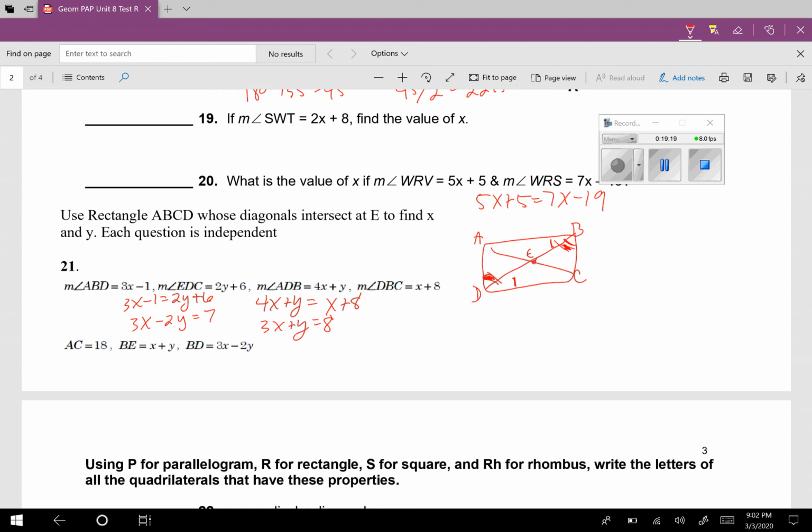So now we can write these. 3x minus 2y is 7, and 3x plus y is 8. Okay, so now we can just subtract these equations. I'm doing the top one minus the bottom, so those will go away. And then negative 2y minus y, that's negative 3y, and then 7 minus 8 is negative 1. So y is 1.